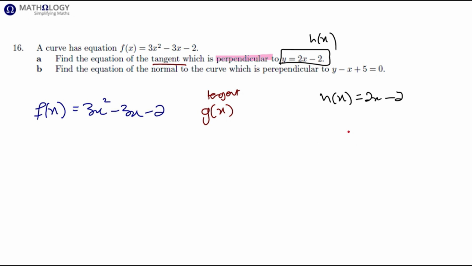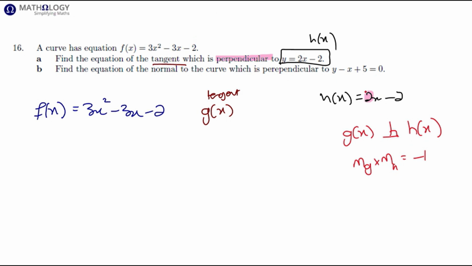So we know, because g of x is now perpendicular to h of x, that means that the gradient of g times the gradient of h is going to be negative 1. In other words, h of x has a gradient 2, right?